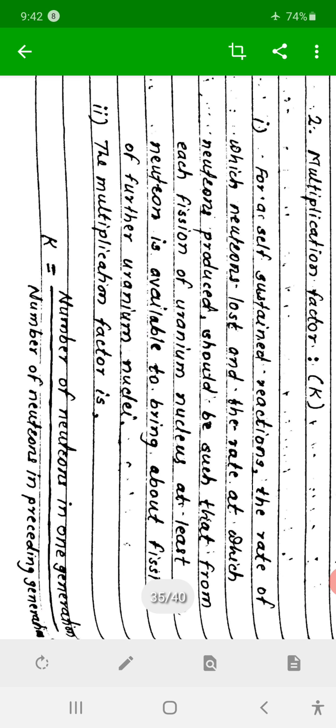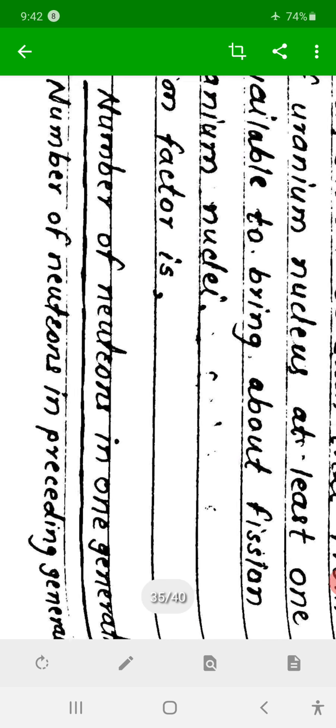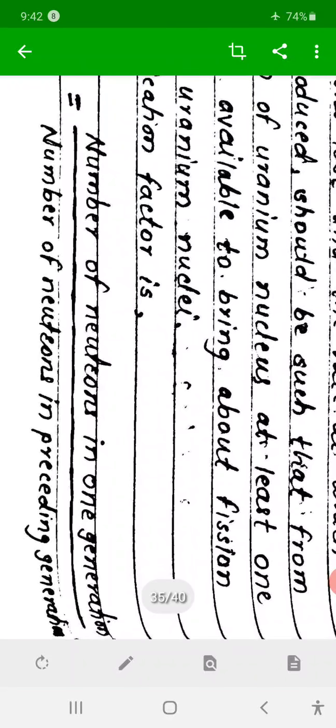This ratio is known as the multiplication factor, shown by K. Therefore, multiplication factor K is defined as the number of neutrons in one generation divided by the number of neutrons present in the previous generation, the previous step in the chain reaction.